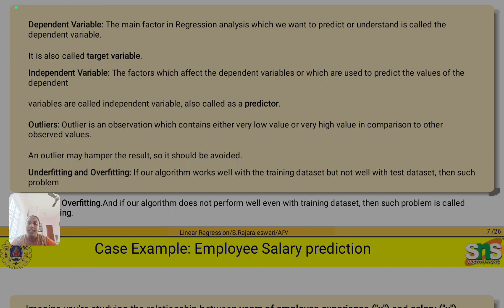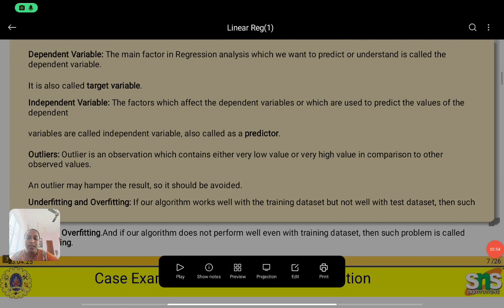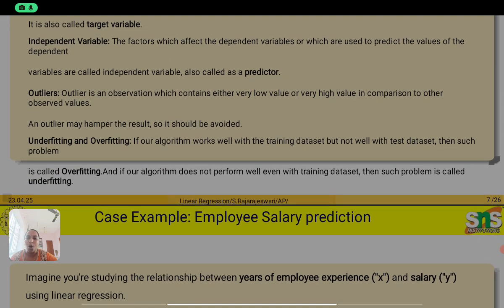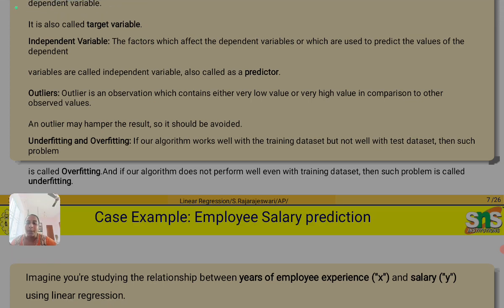And underfitting and overfitting. If our algorithm works well with the training data sets but not well on test data sets, then such a problem is called overfitting. If we train the model using the training data set and it does not work well on the test data set, this problem is called overfitting.